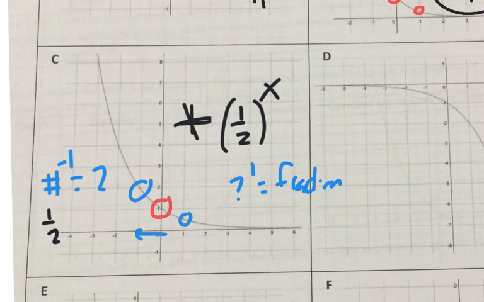So the x value is the negative first, and it has to equal 2. What can I raise to the negative first to get 2? Does that question make a little more sense now? Negative exponents work as reciprocals. So this number would need to be 1/2 raised to the negative first. Could flip it to become 2 over 1. Okay.